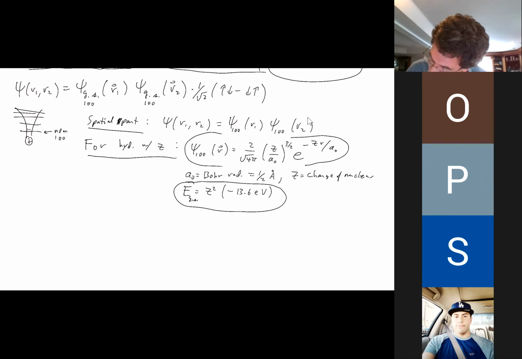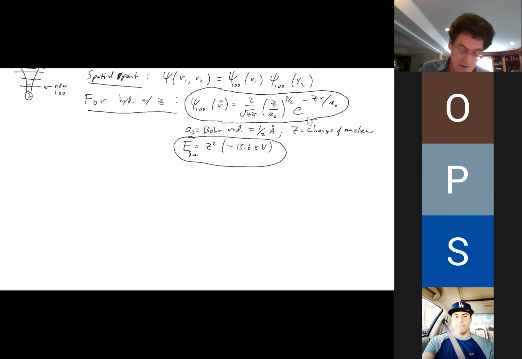So that means that we're done. I mean, what we could do is just say psi is equal to those two, that thing squared. It's just going to be that thing squared.